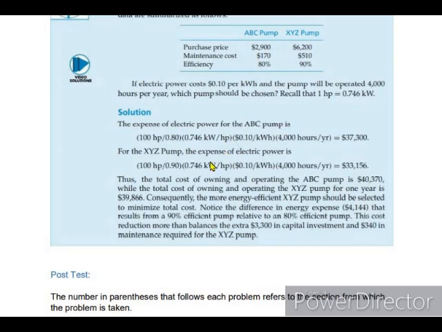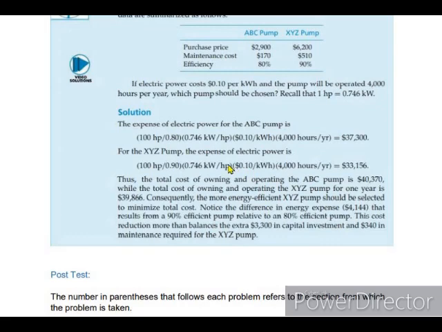First is the ABC pump: 100 horsepower over 0.8, because that is the efficiency. We divide it, then multiply by the kilowatt-hours per horsepower, because 1 horsepower is equal to 0.746 kilowatts.